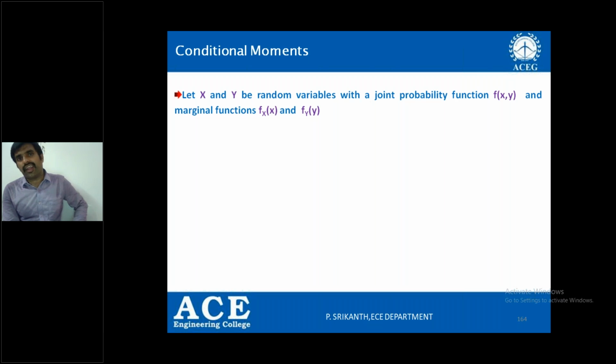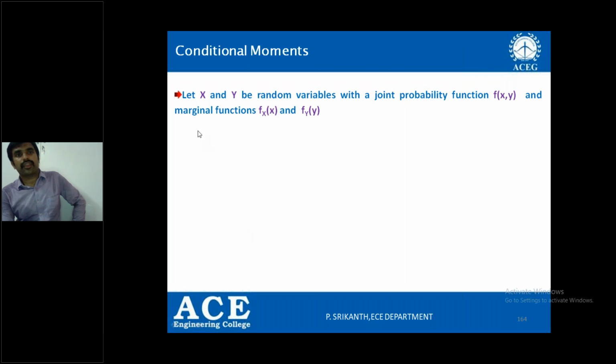So if on a particular random variable we are giving some condition using any other random variable or using any event from the other random variable, how do we find the statistical behavior? That is, by finding the moments, you can know the statistical parameters, right?